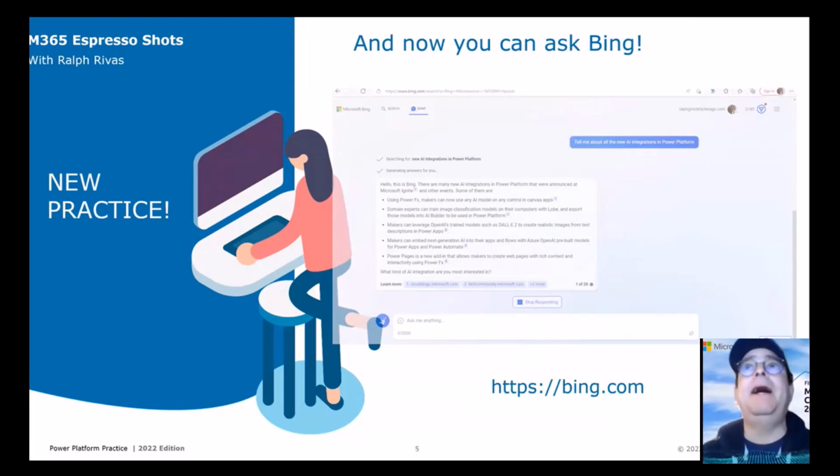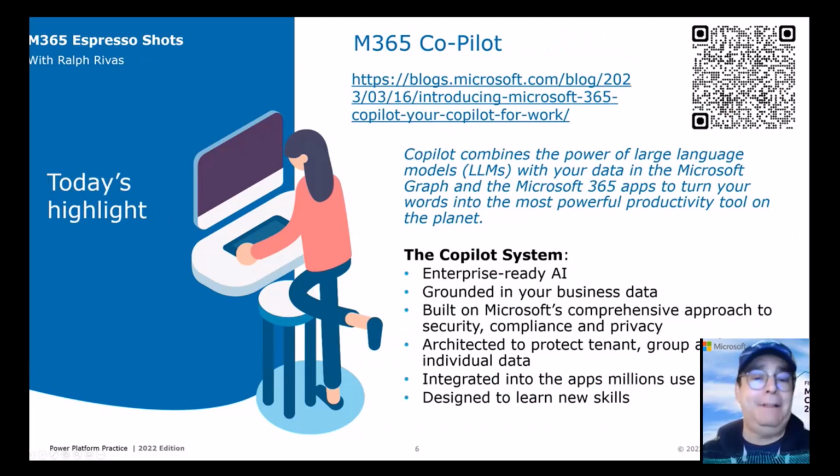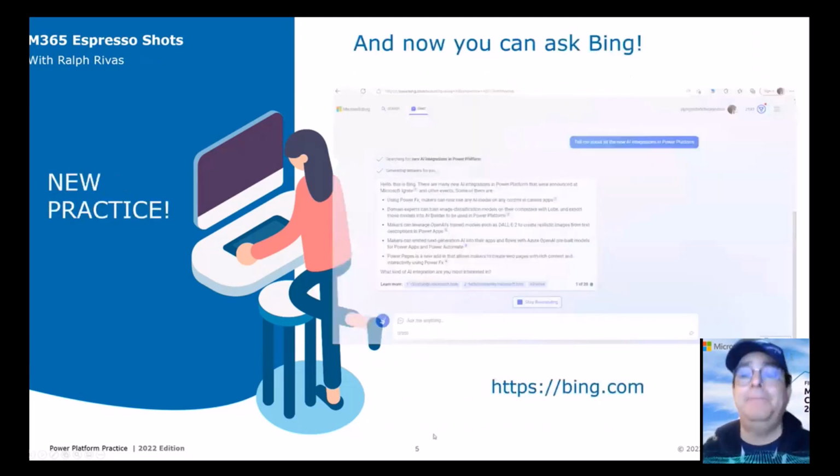In the meantime, at the end of the day, we can ask Bing. Has everyone seen this yet? We can just go ahead and say, "Hey, Bing, tell me all about it." Oops, hold on a second. Let me go back a little bit. That's not where I wanted to go. I did want to find Bing over here, but for whatever reason, it's not a link on my side.